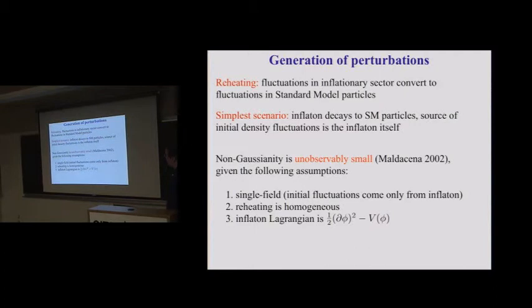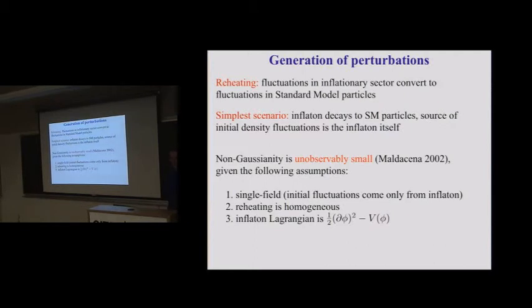In this simple model of inflation, it was first shown in a very seminal paper by Maldacena that deviations from Gaussianity are unobservably small. Now, this conclusion has depended on several assumptions that I want to make explicit. One is the assumption that only one field is important, and that field is the inflaton itself, in determining the initial conditions of the universe.